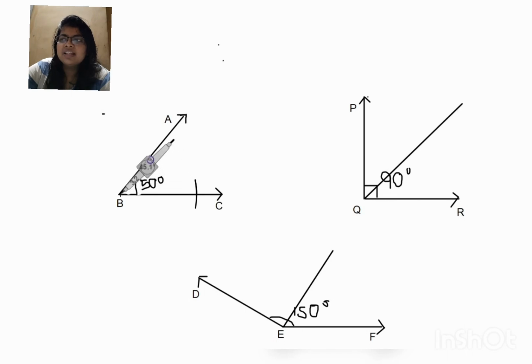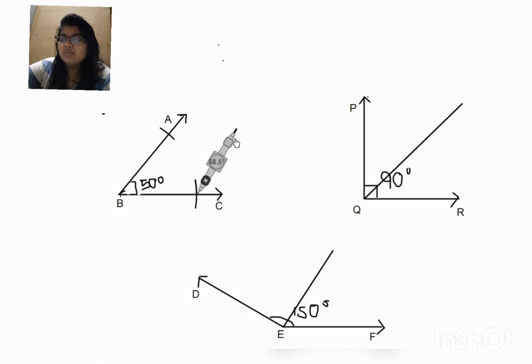After making these two arcs, I take my compass with the same measurement and place the pointed portion on the arc that I made on segment BC and make an arc in between them, in the space that is present between them.